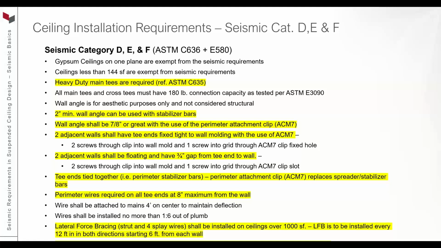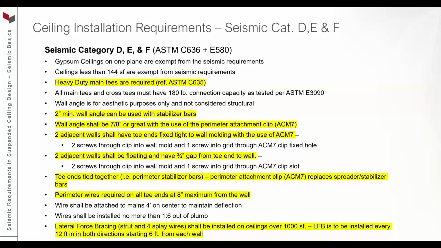And there is a 2-inch minimum wall angle that must be installed around the perimeter of the ceiling with the use of stabilizer bars. There is not an alternative method, but there is a separate installation method that allows for the use of 7/8 inch wall mold when you use the perimeter attachment clip, such as an ACM7.